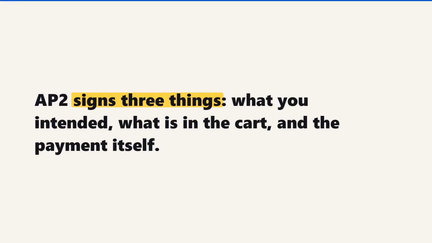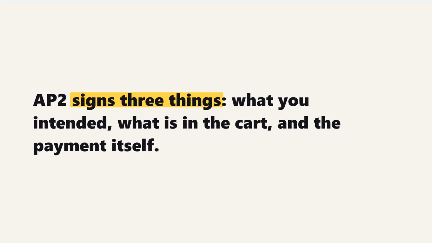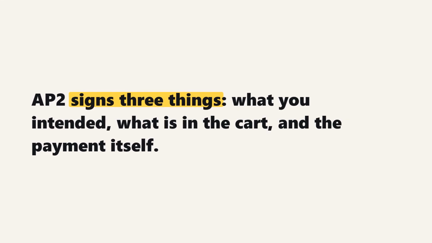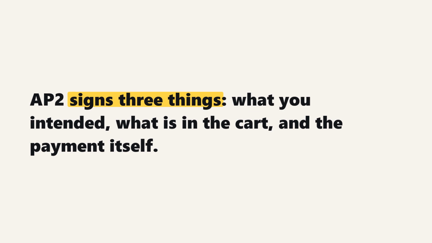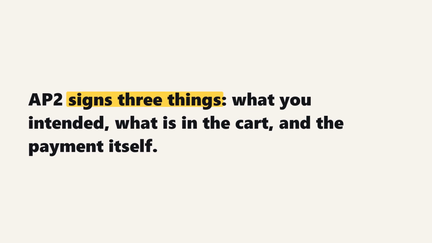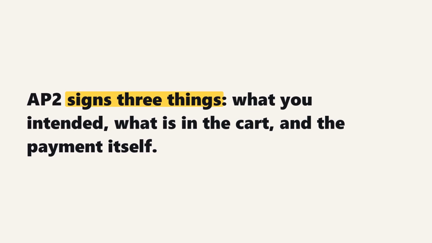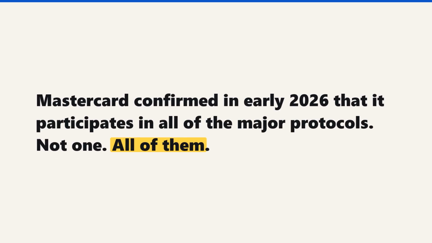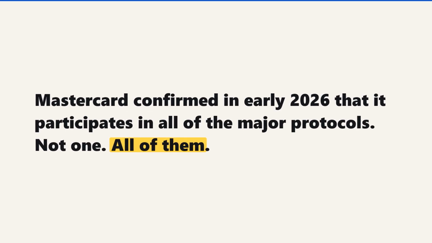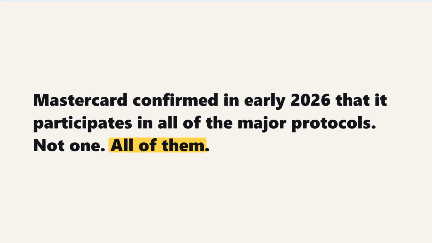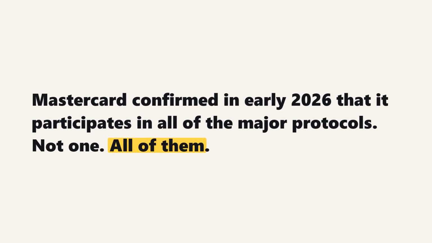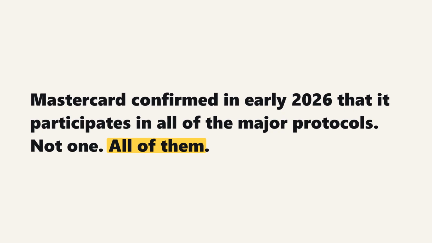It works across both cards and stablecoins, and it is built on signed mandates. One for what you intended, one for what is in the cart, one authorizing the payment, each cryptographically signed. Then there are the card schemes' own versions, Mastercard Agent Pay, Visa Trusted Agent, which are narrower and which can sit underneath AP2 as the funding method.